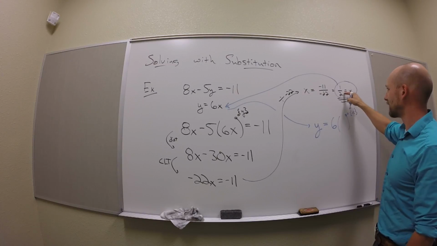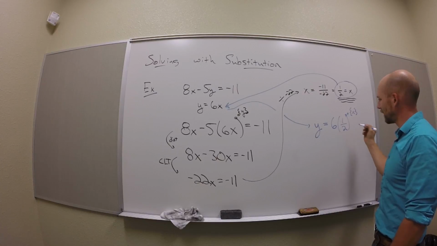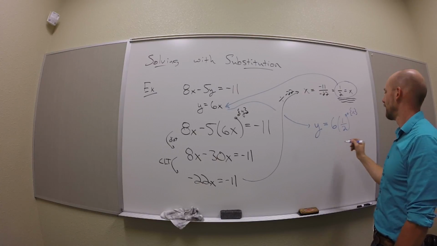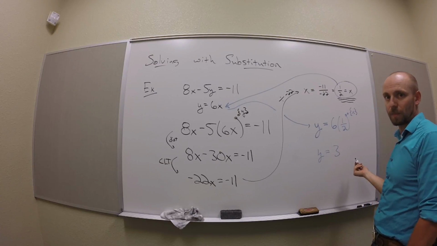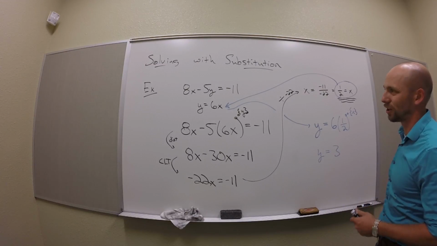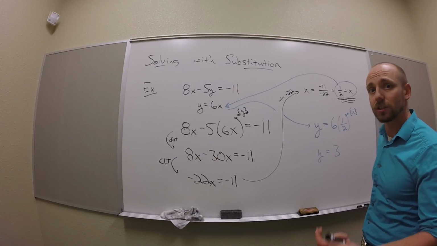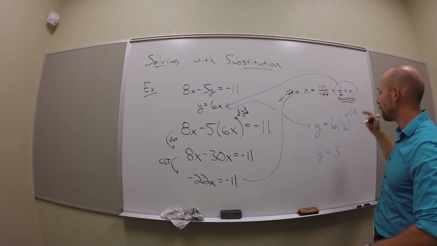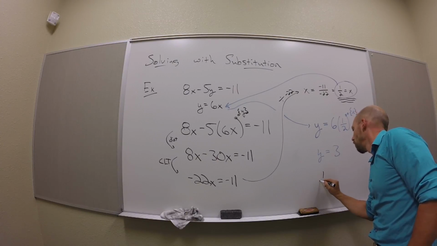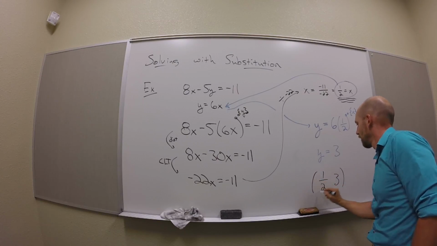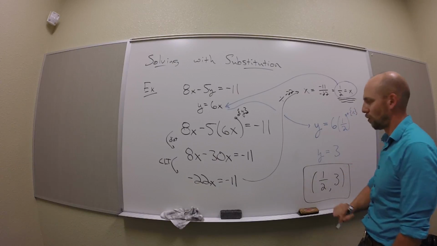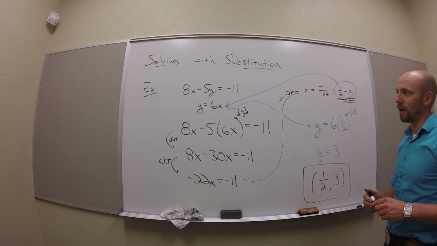But I know what x is. x is 1/2, so I'm going to put that in here. And now I'm going to figure out that y is 3, right? Now ultimately my answer, the intersection between two lines, should be a point. That point is 1/2 in the x, 3 in the y. Boom. Point, answer, check, done.